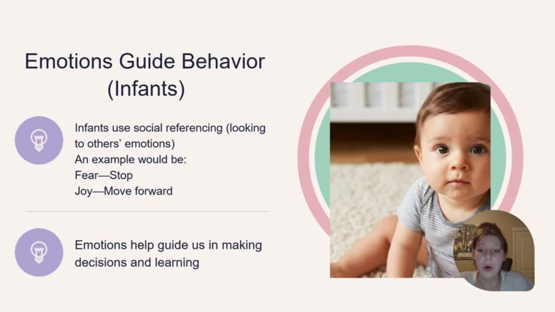Okay, so lastly, I'm going to be talking about emotions guide to behavior in infants. So infants use something called social referencing, which means to look around to others' emotions. So have you ever seen when a baby, well, not a baby, but a toddler, like maybe a year-ish older, maybe learning how to walk, and they might trip a little bit.